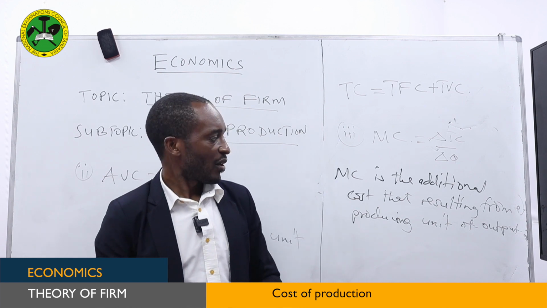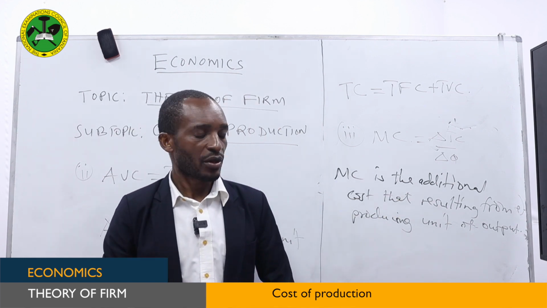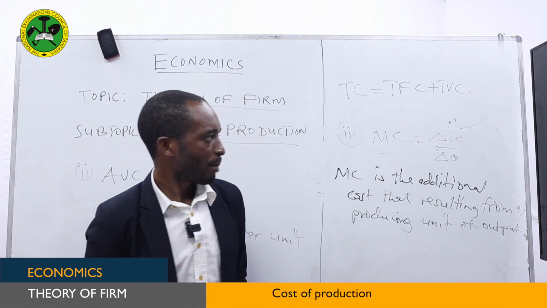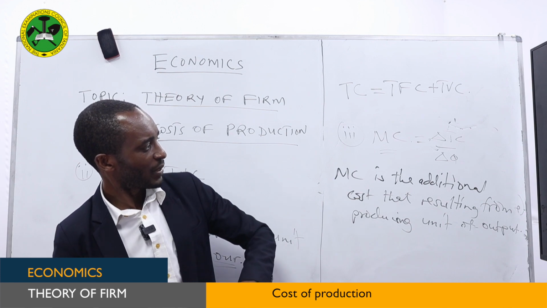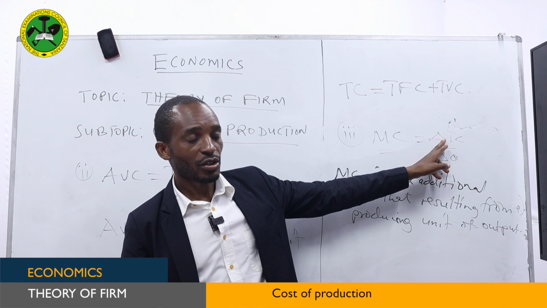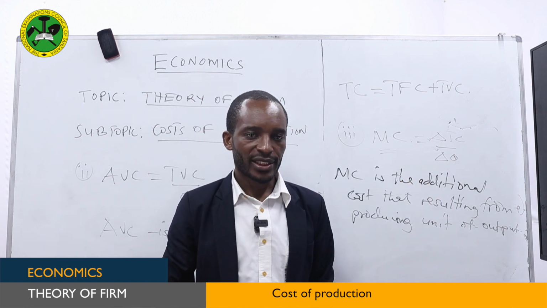So it's the extra or additional cost resulting from producing a unit of output. That we call marginal cost. We obtain marginal cost by taking change in total cost over change in total quantity.